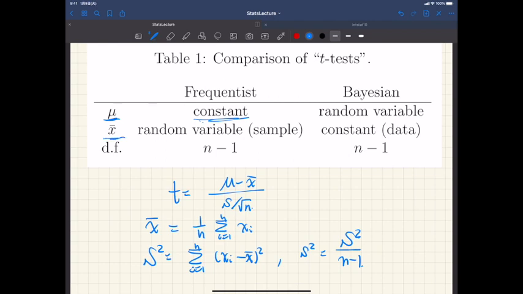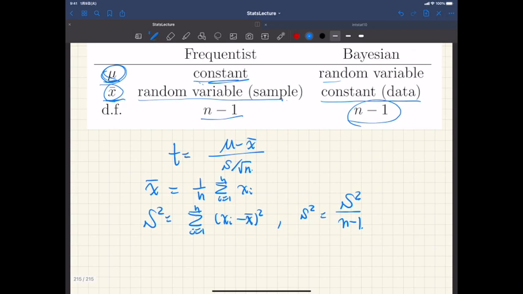And this x bar is assumed to be the random variable, so this value varies depending on the sample. And the degrees of freedom was n minus 1. In the Bayesian case, this mu is the random variable. So we are trying to find the distribution of this mu. And this x bar is just a constant calculated from the given data. And the degrees of freedom is again n minus 1.